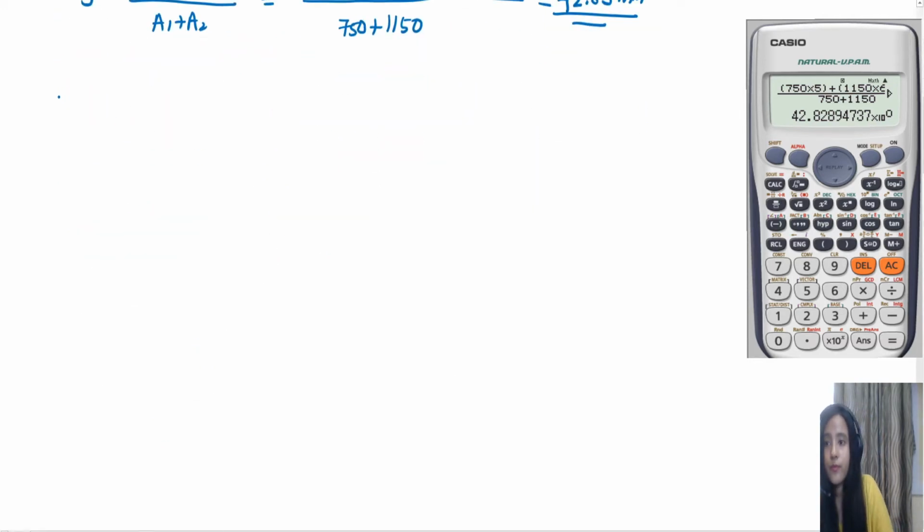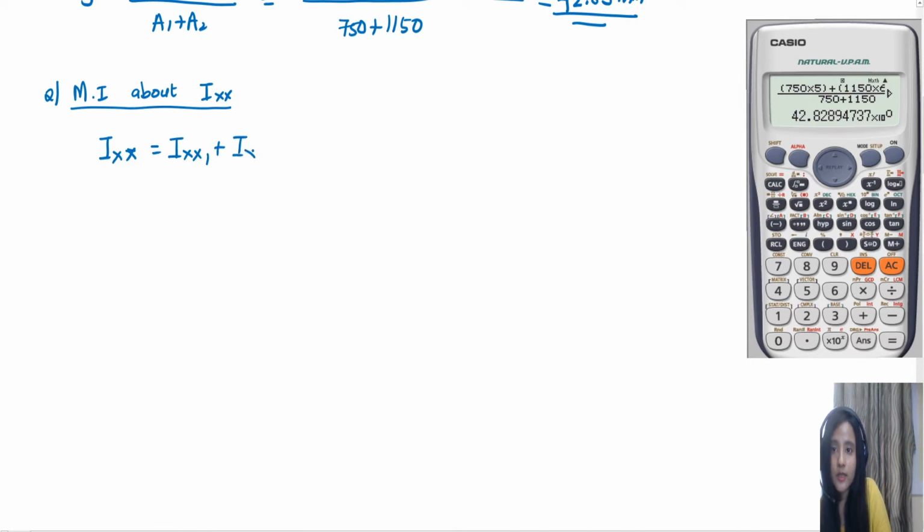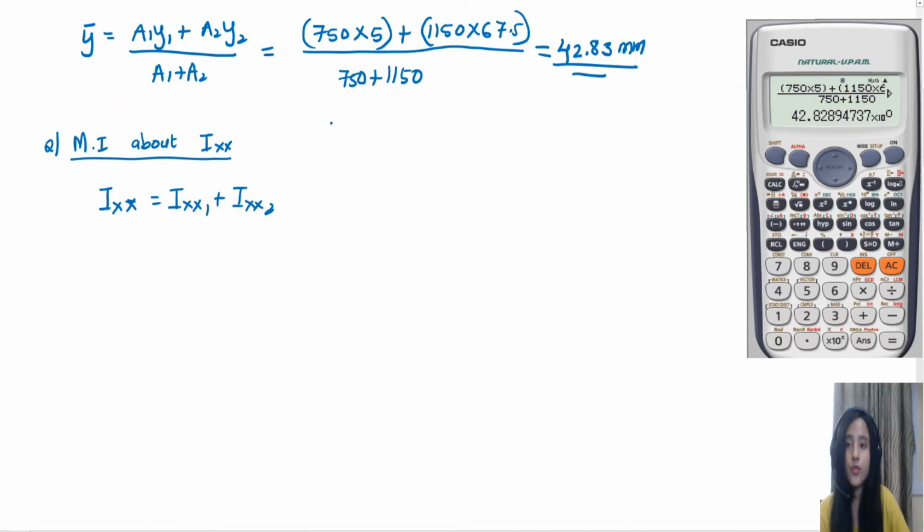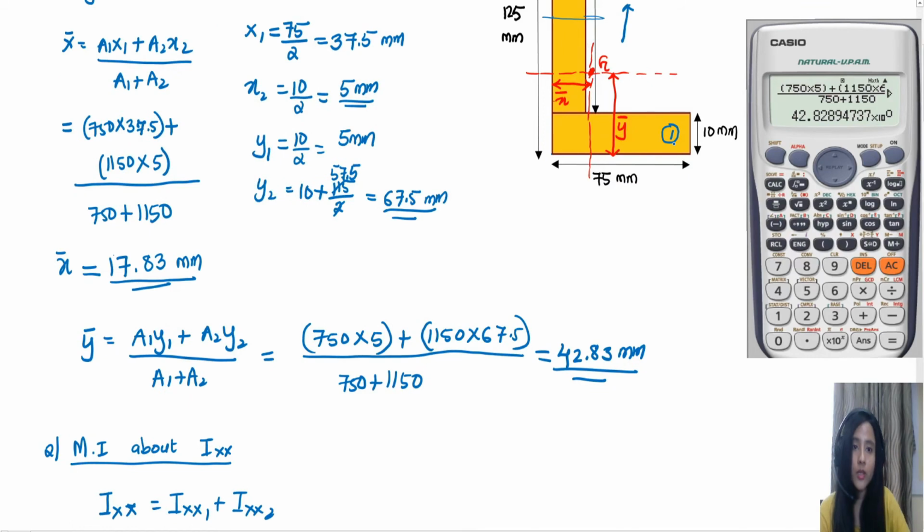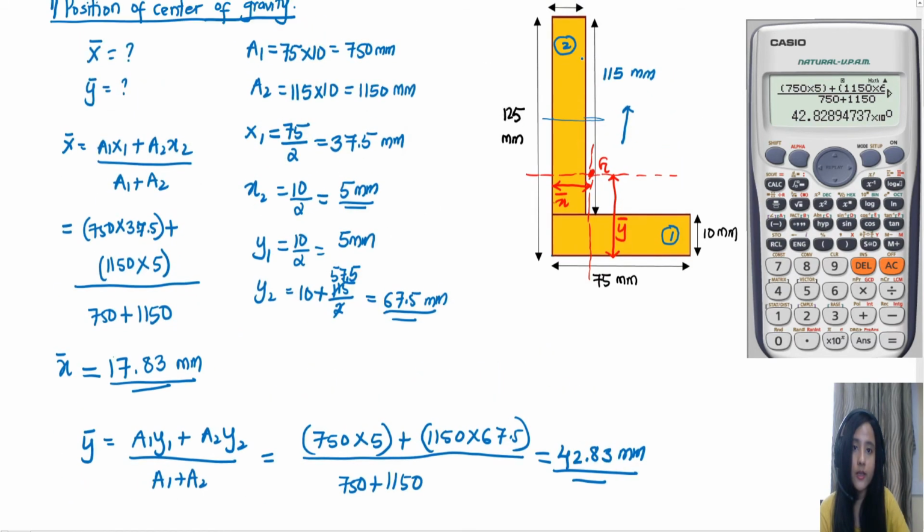So number 2, moment of inertia about the Ixx axis will be equal to Ixx1 plus Ixx2, 1 and 2 for section number 1 and section number 2 here.